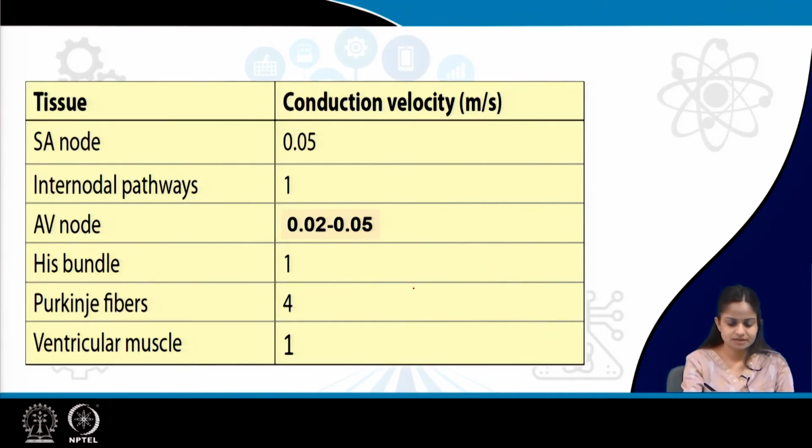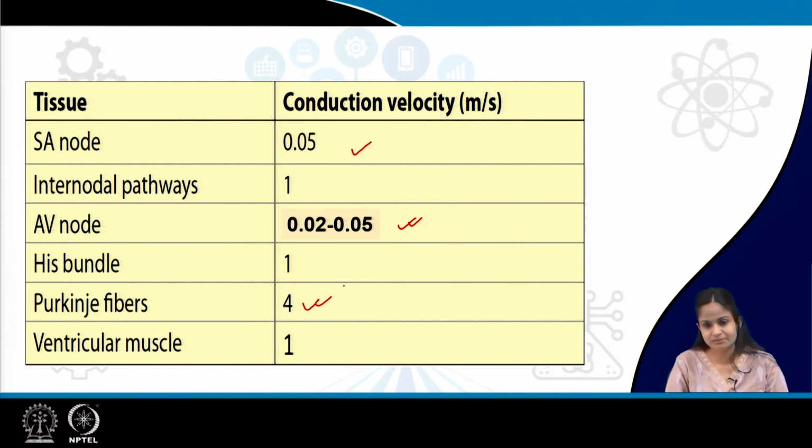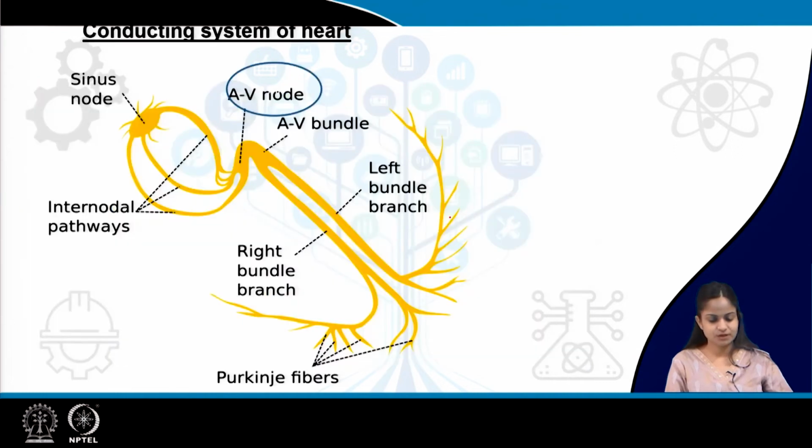So, this is the conduction velocity. SA node 0.05 meter per second, internodal pathways 1, AV node, this you have to remember, 0.02 to 0.05, Purkinje fibers 4, and others 1 meter per second. So, even if you do not remember all, the maximum and the minimum are very important, that is Purkinje fibers have the maximum conduction velocity, while the AV node has the minimum conduction velocity.